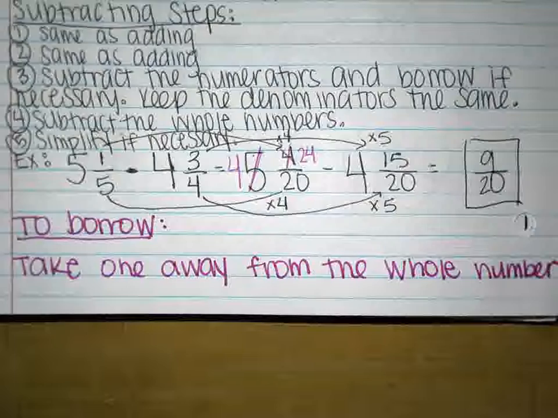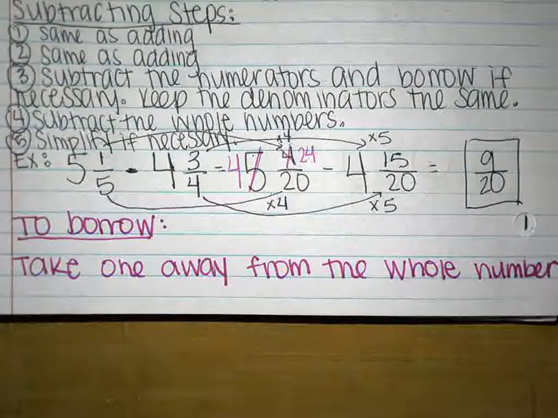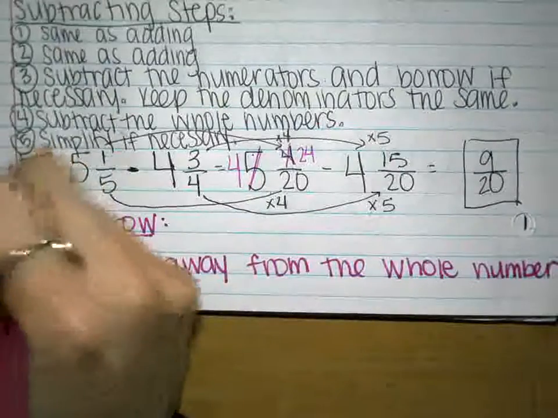I took 1 away. Does that make sense to everyone? Whole number just goes down by 1. And that's step 1.